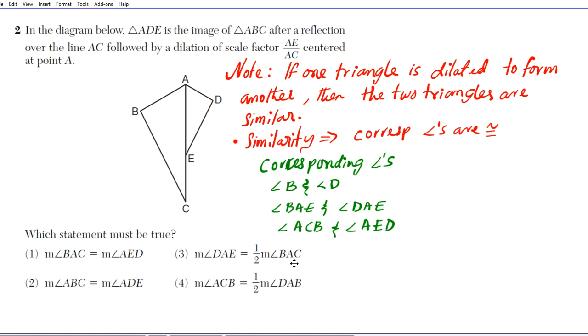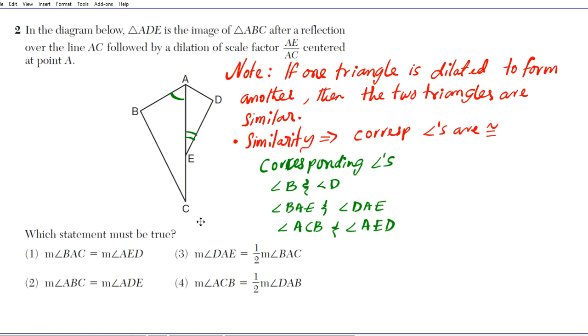Now since they are corresponding angles and these two triangles are similar, what does that mean? It automatically implies that all these listed angles are congruent. So let's take a look at the pairs of angles. Angle BAC, that's that one right there, and angle AED, are these corresponding angles?